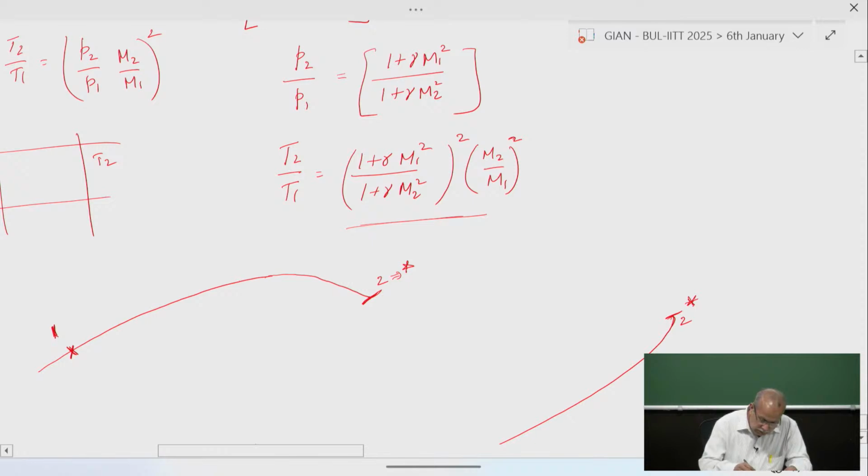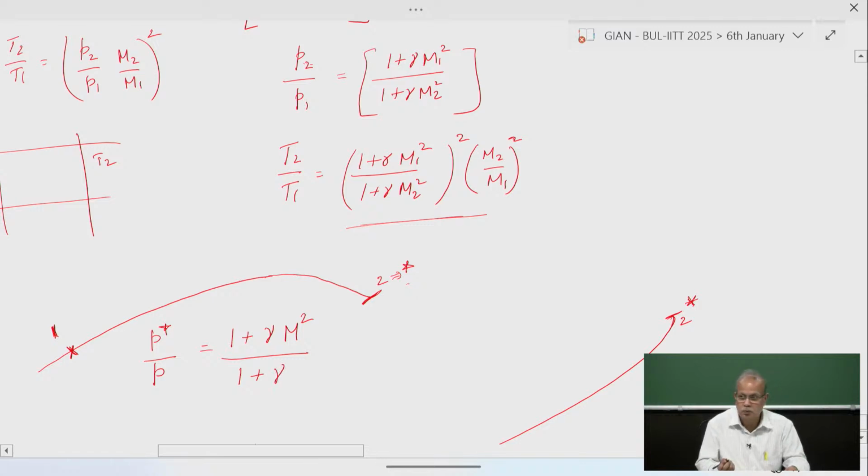Now, P2 is the critical point here. So I can write P star in general terms: P star by P is equal to 1 plus gamma M square divided by 1 plus gamma. What should I write for M2? 1. Understood, all of you.